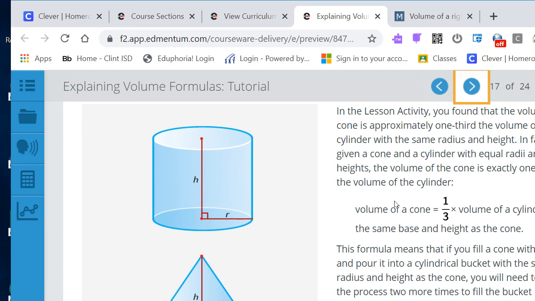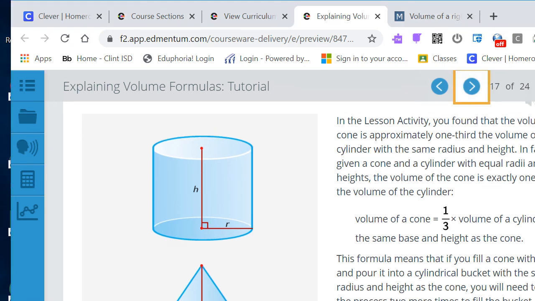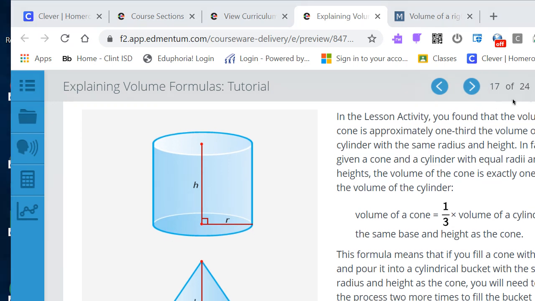Okay, no surprise. The next section explains our formula for the volume of a cone. The volume of a cone is going to be 1/3 of the volume of the cylinder. Okay, and remember, we talked about the volume of the cylinder. The volume of the cylinder was the area of your base, so pi r squared, times the height of the cylinder.